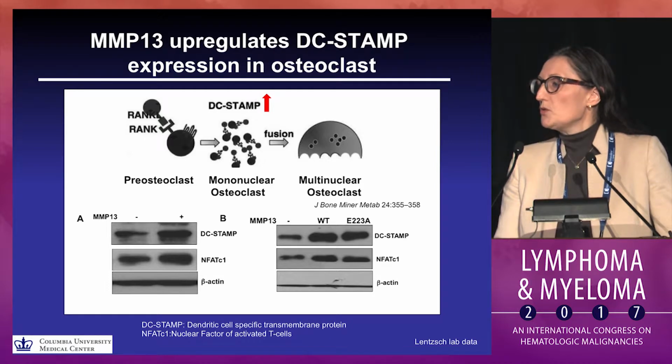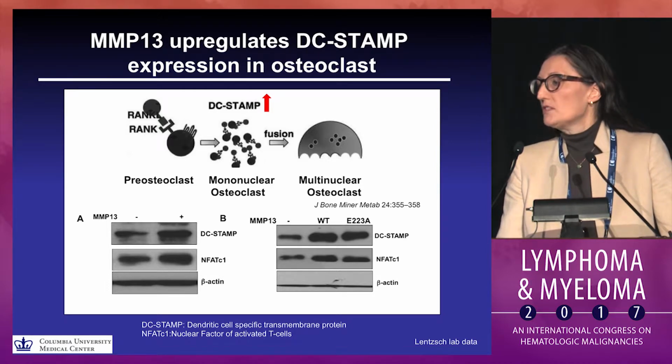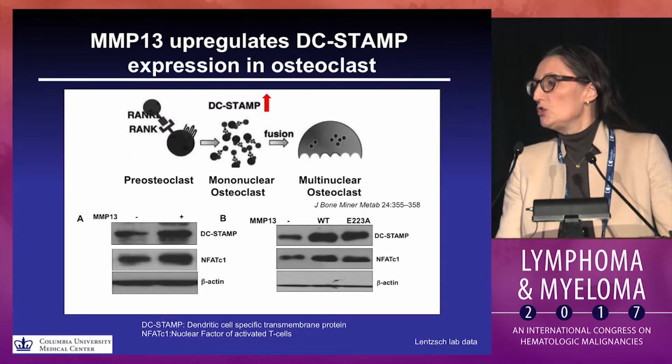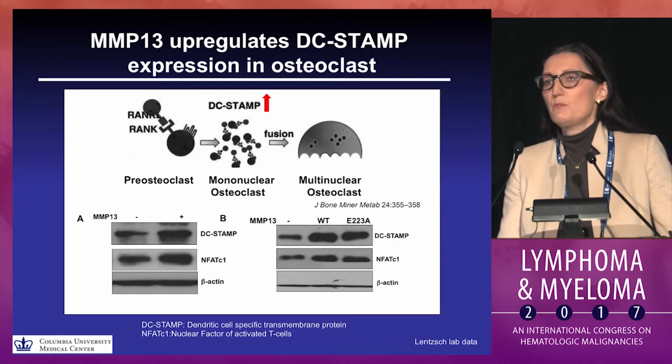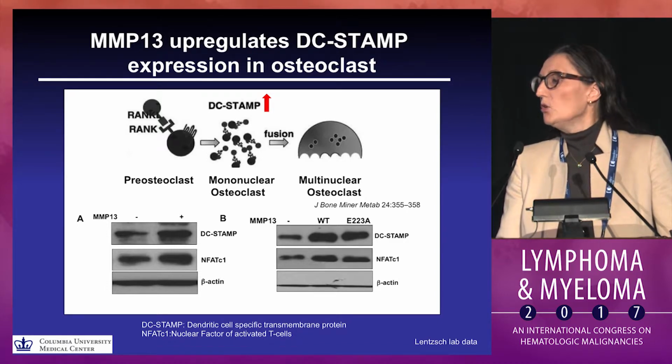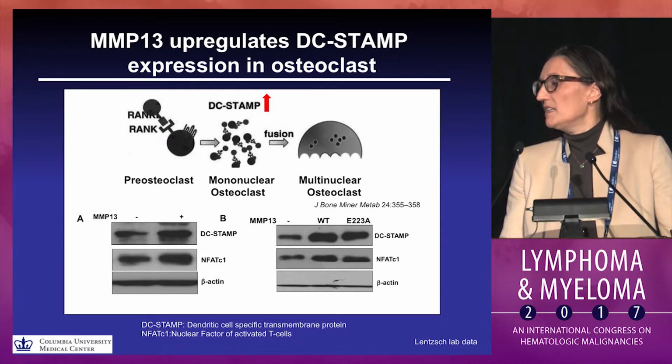But again, we were also interested in the signaling behind the osteoclast fusion. You're all aware that RANK ligand, when binding to the RANK receptor on pre-osteoclasts, induces a fusion of mononucleated osteoclasts to a multinuclear osteoclast, and DC-STAMP is upregulated. Looking at the effect of our MMP13 wild type and enzymatic dead mutant, we saw indeed that DC-STAMP is upregulated.